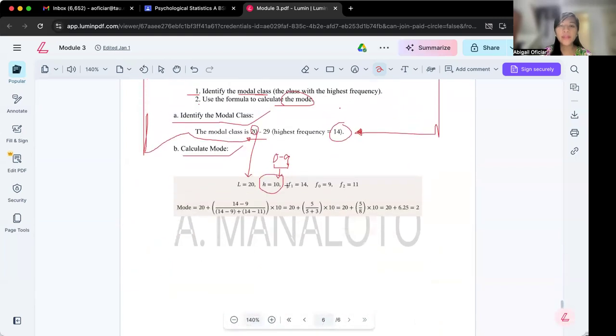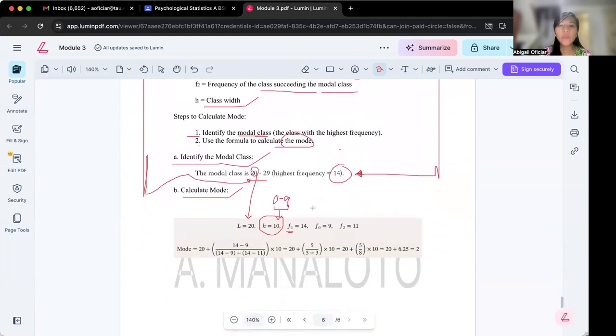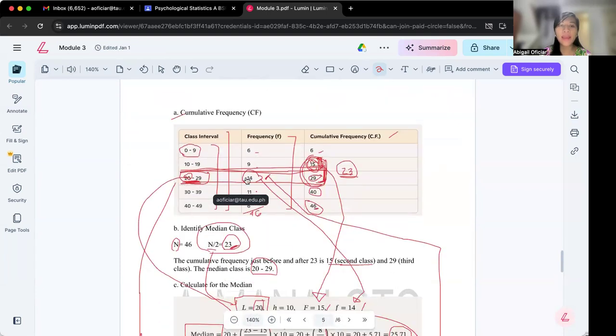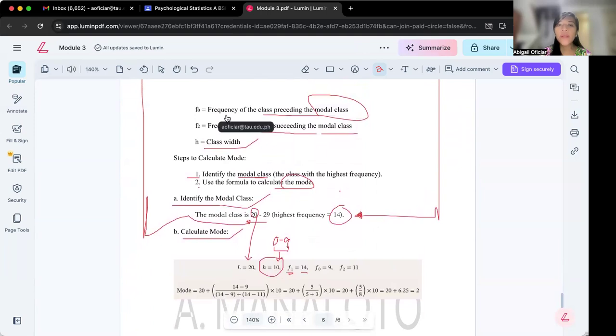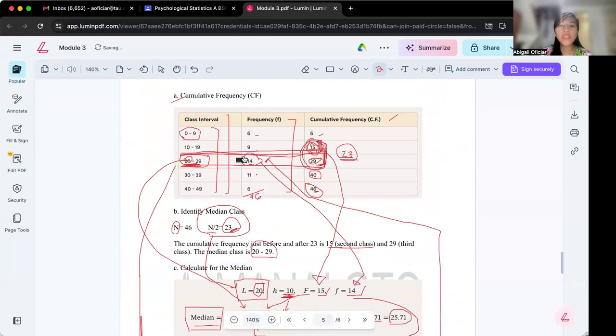Okay. Then, F1. Okay, our F1, sabi niyo dyan, is the frequency of the modal class. So, the frequency of the modal class, no, yung katapat ng 20 to 29 is 14. So, our F1 is 14. How about FO? FO is the frequency of class preceding the modal class. So, ano yung preceding, no?